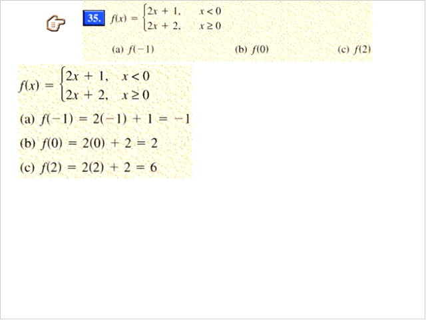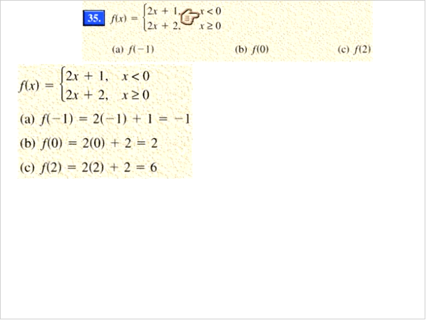The next thing we have is what we call a piecewise function. It's a piecewise function because it depends upon what x is, and that will tell you which piece to use. So if f is -1, which piece am I going to use? X greater than or equal to 0 or x less than 0?